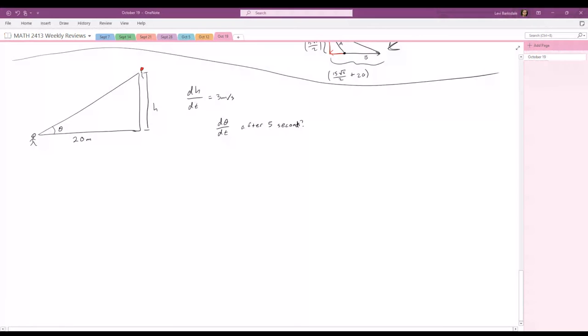What did I get for my angle? Perfect. Is there a way you can use your triangle in order to solve for that angle?